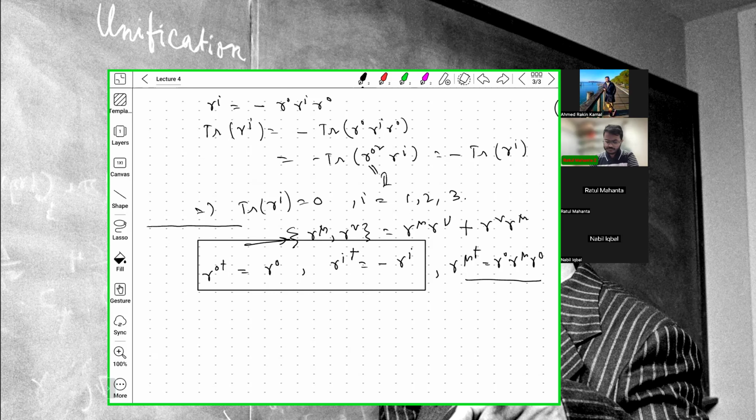Okay, now you can see from the relations that gamma 0 square is identity and gamma I square is minus identity.